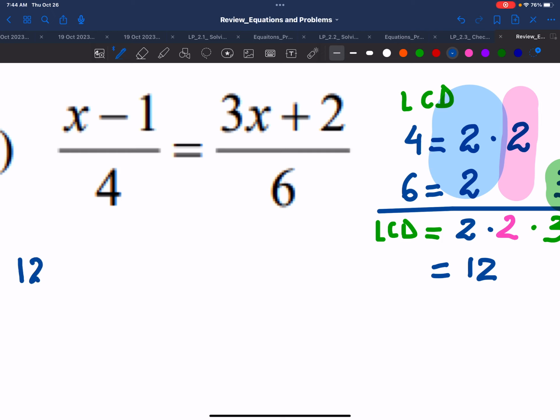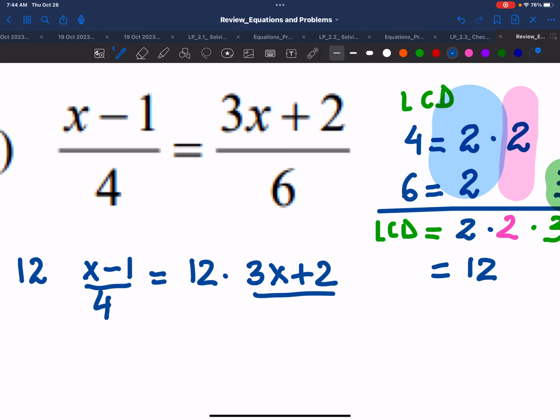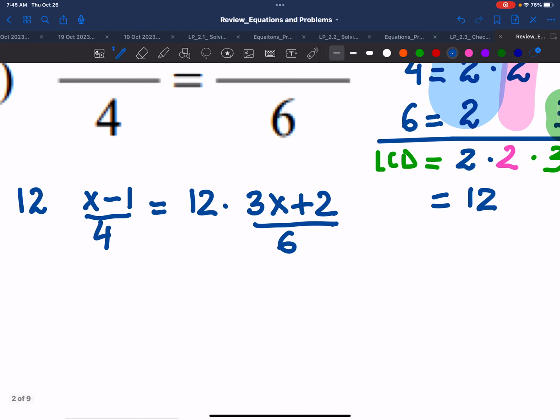So we have the number 12, the lowest common denominator, multiplying x minus 1 over 4. And 12, again the lowest common denominator, multiplying 3x plus 2 over 6. Simplify. 12 divided by 4 equals 3.